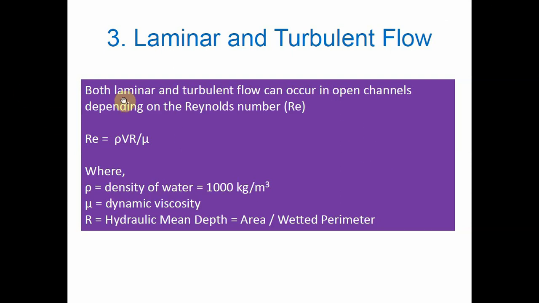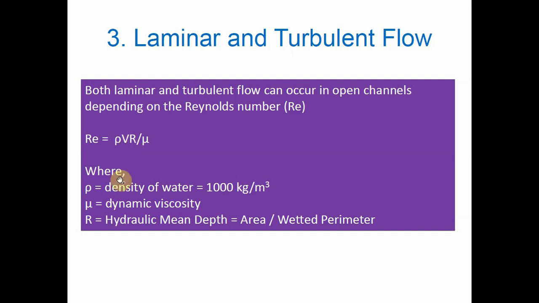So both laminar and turbulent flow can occur in open channels depending on the Reynolds number. Therefore, Re is equal to rho times V times R divided by mu, where V is the velocity, rho is the density, and R is the hydraulic radius.